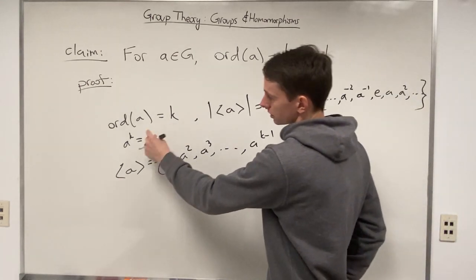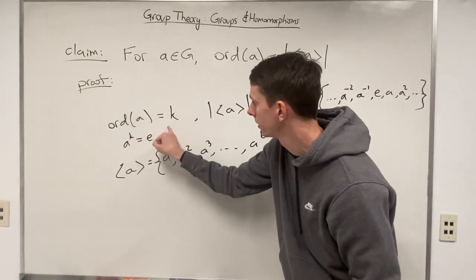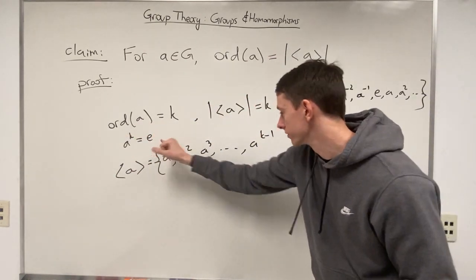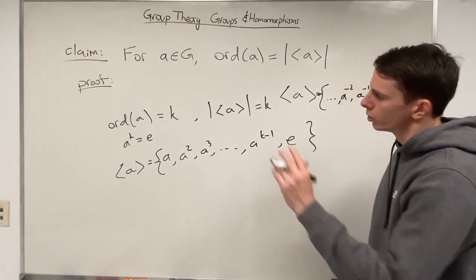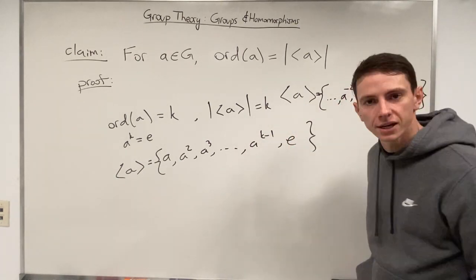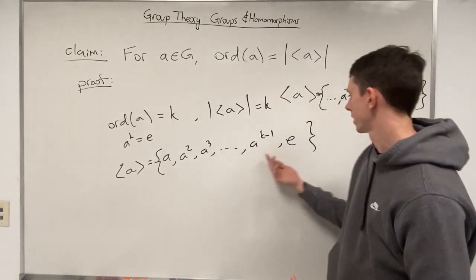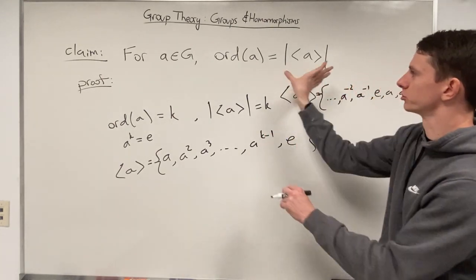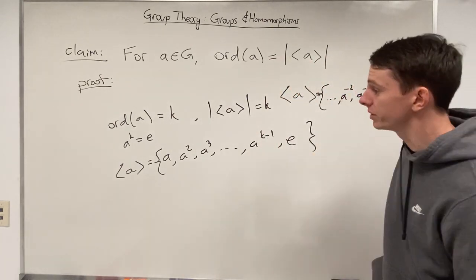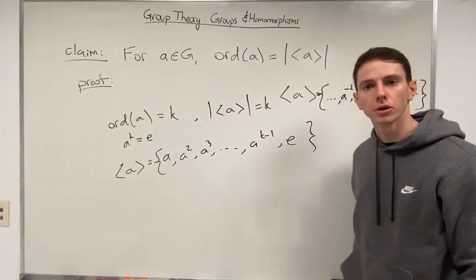That was established by this condition. We said that if the order of a was equal to k, then a to the k needed to give us e, like this. Now, up until this point, this tells us that the order of this cyclic group would have to be at least k different elements, but could it be larger? Obviously, we're trying to show that it's not, but could it be the case where this cyclic group has some larger power?